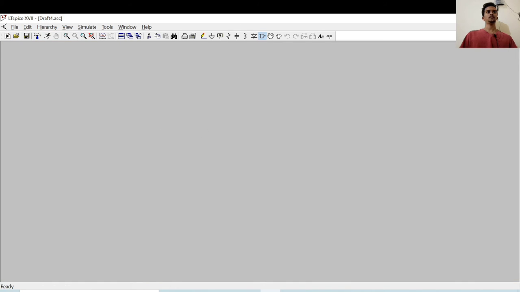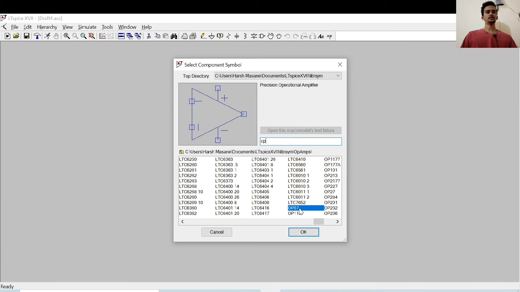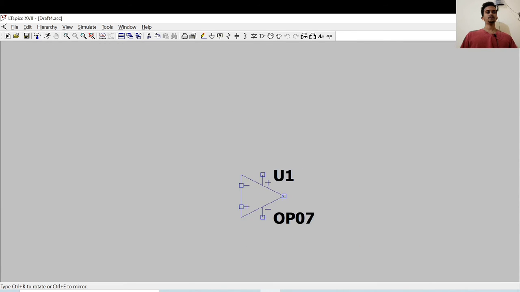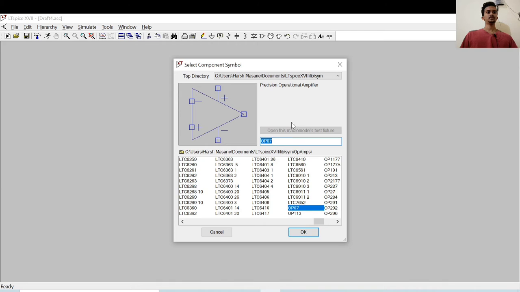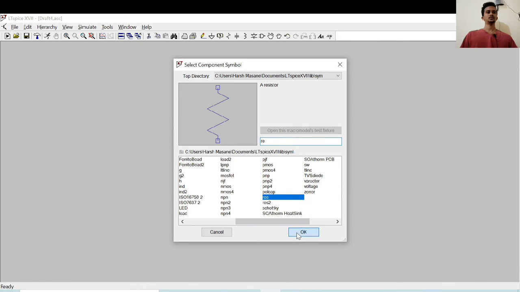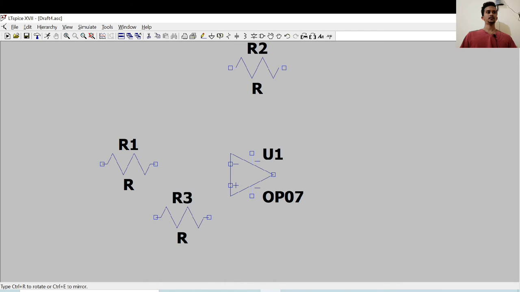We'll take a component, OP07, then we'll take resistors. Here we require R1, here will be my RF and the RCOMP resistor.